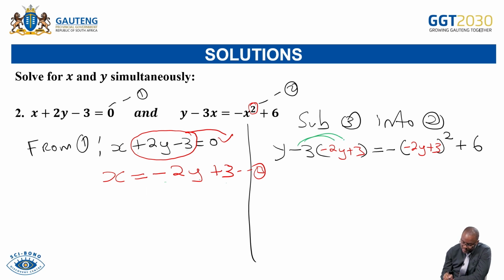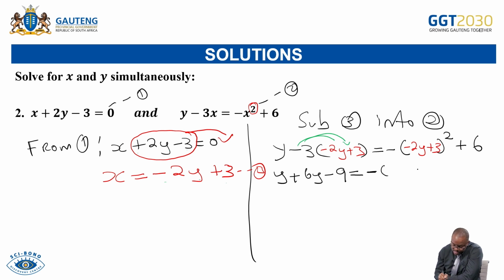So now we multiply here. We are going to get y plus 6y minus 9, and this is equal to negative, and we still have 2 brackets that we need to open, plus 6. So we have negative 2y plus 3 and negative 2y plus 3.